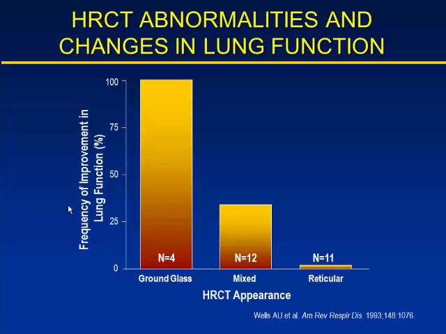I just put up one randomly that the chance of improvement in lung function after steroids is much higher when it's pure ground glass. It's a little lower when it's mixed, and when you have a reticular pattern, which is indicative of fibrosis, the response is for significant lung function return is low.